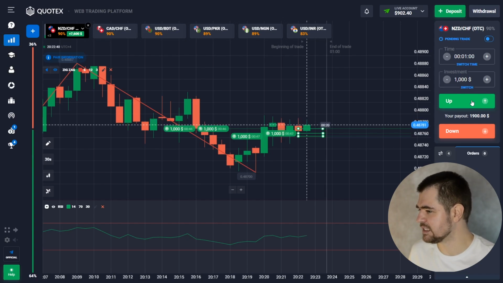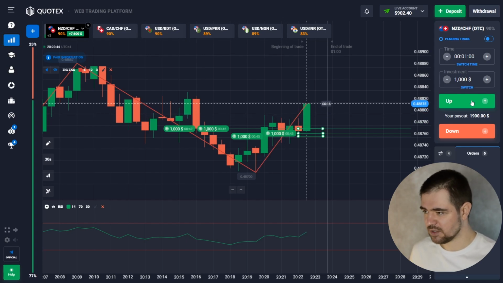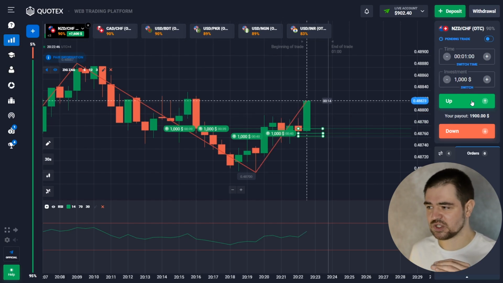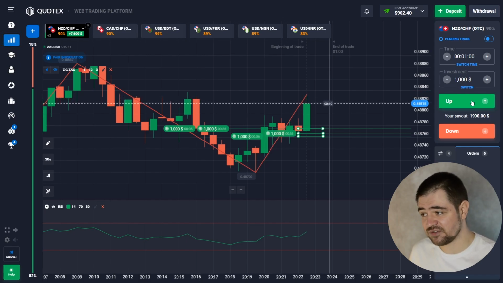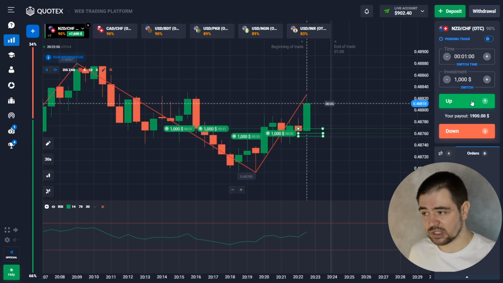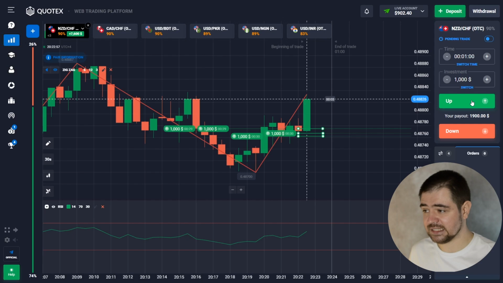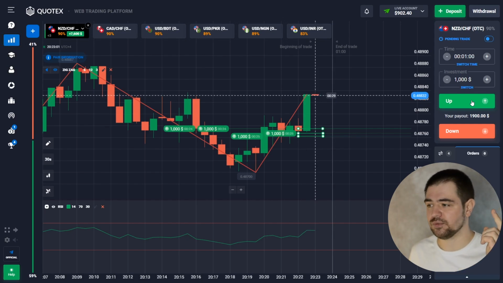And we see there's not much pullback there, and it was collecting around the area of the resistance level, which usually means that it is likely to go and break it through.